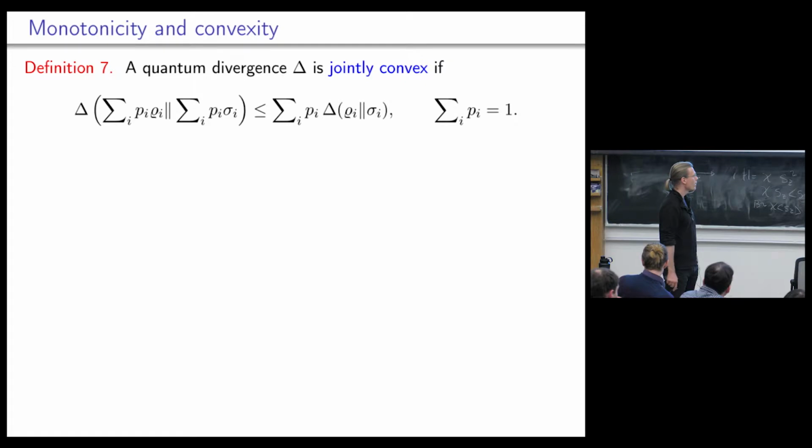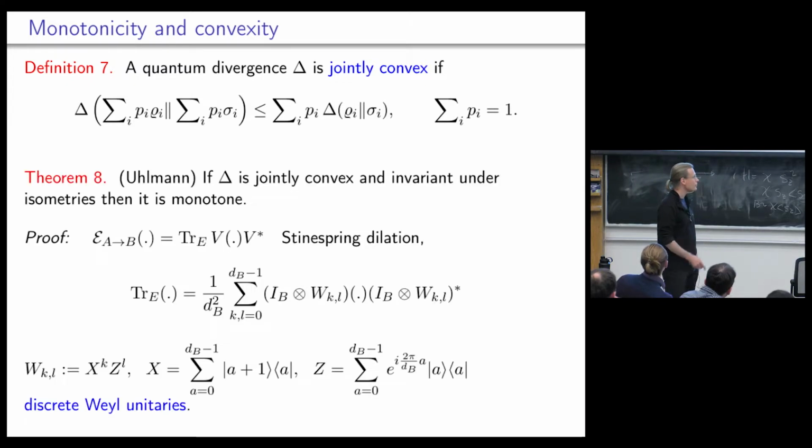Okay, this is easy. And another property which is very closely related to monotonicity is so-called joint convexity, which is an absolutely central concept in studying these divergences, which means that if you take convex combinations in both arguments with the same weights, then we should have this convexity relation, which is a Jensen inequality, where this is just a probability distribution.